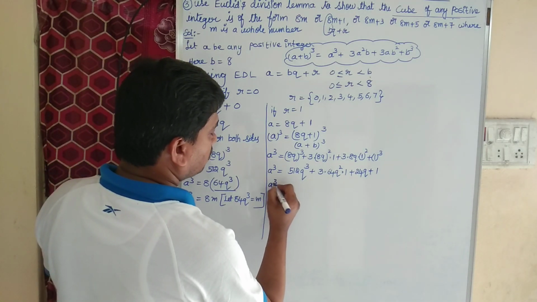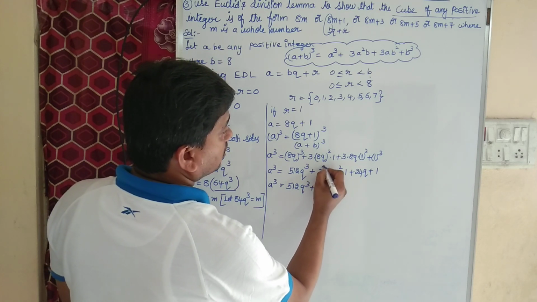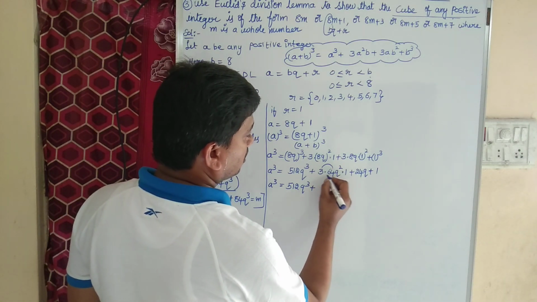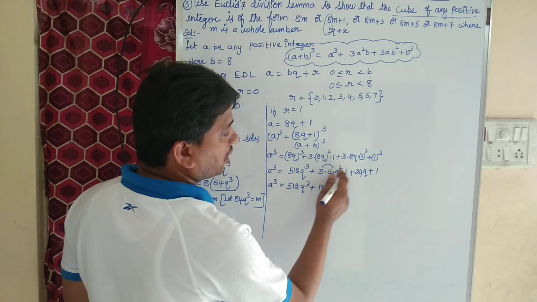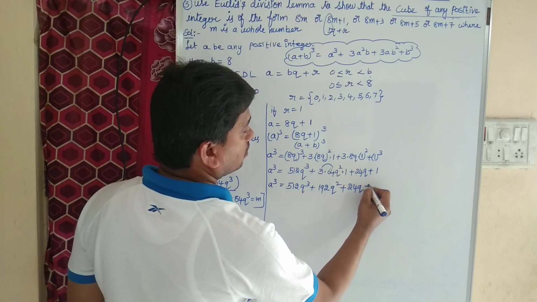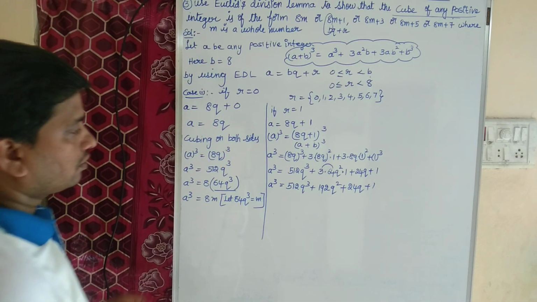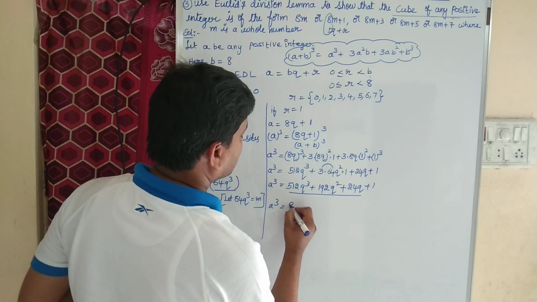So a cube equals 512 cube plus 3 into 64, 4 3 is 12, 6 3 is 18 plus 1 is 19, 192 into 1, 192 cube square plus 24 cube plus 1. Okay, children. Now among these three terms, let me take 8 as common.